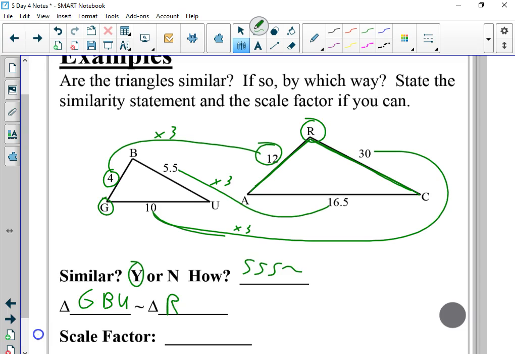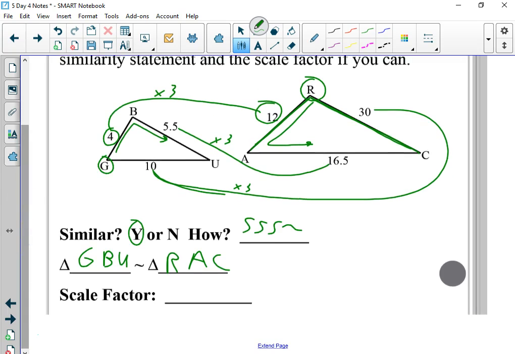It's R. Now, I went from 4 to 5.5. Like that. So I need to go towards 16.5. So that means I'm going to do RAC. Now again, I could have started anywhere I wanted to, but you just got to be careful to match up the sides.